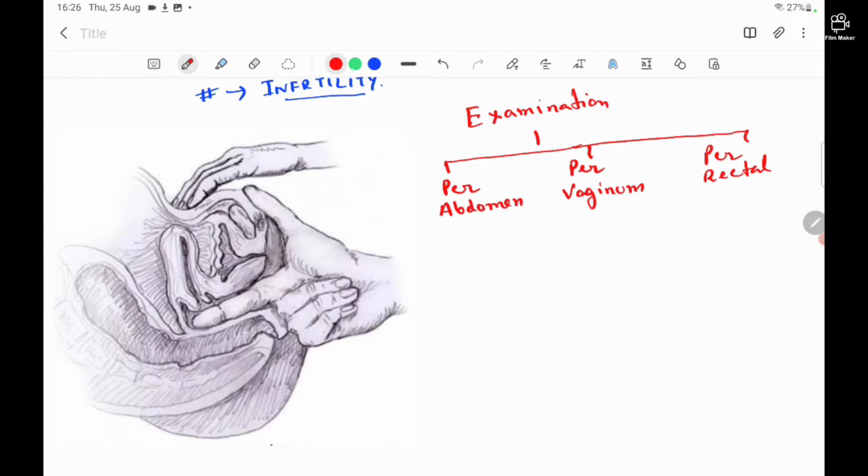Now, per abdomen examination, what are the findings? You will find tender iliac fossa. The iliac fossa will be tender to touch. And you might feel an irregular tender pelvic mass. There will be a soft mass which will be irregular: an irregular, soft pelvic mass.